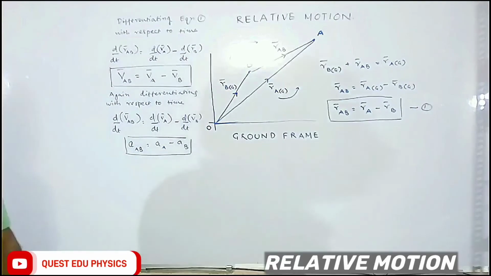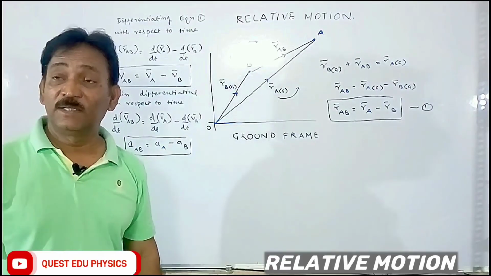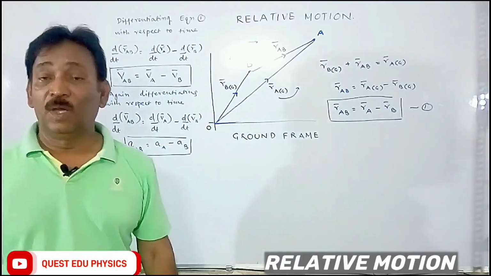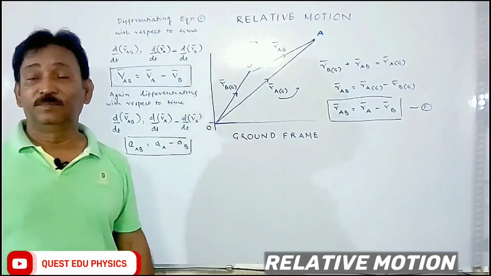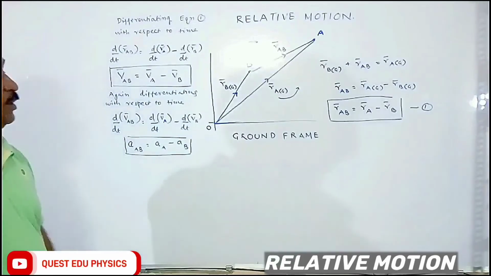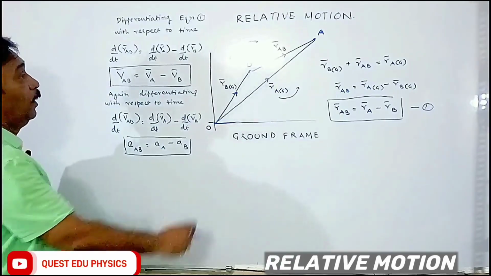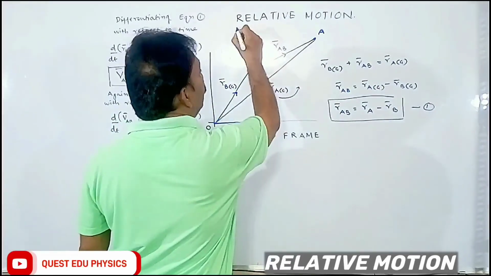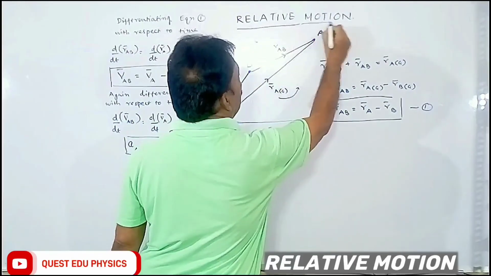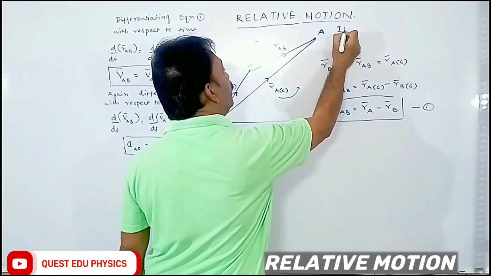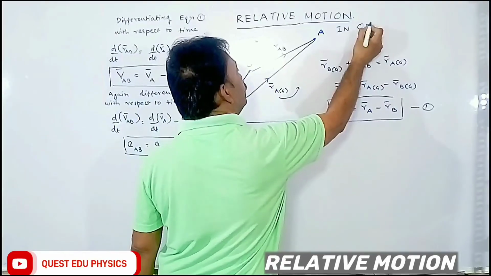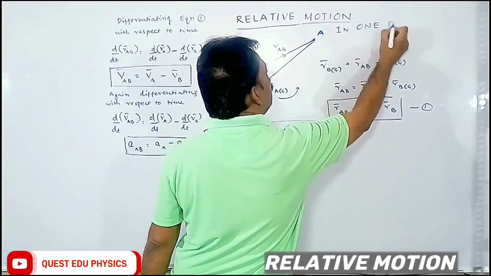In this way, you can find out the relative velocity or relative position or the relative acceleration in one dimension. What I have to say here, actually it is incomplete without writing relative motion in one dimension. Okay, students.